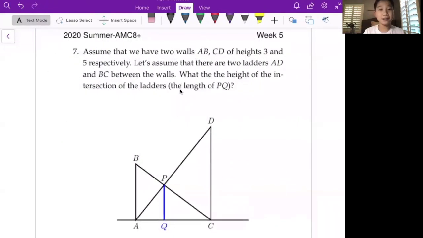So now we're on number 7. Assume that we have 2 walls, AB and CD, of heights 3 and 5 respectively. Let's assume that there are 2 ladders, AD and BC, between the walls. What is the height, not the height, of the intersection of the ladders, the length of PQ?